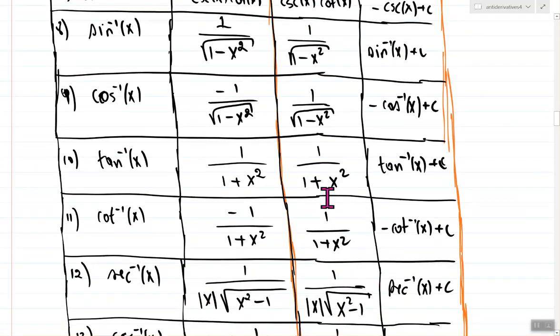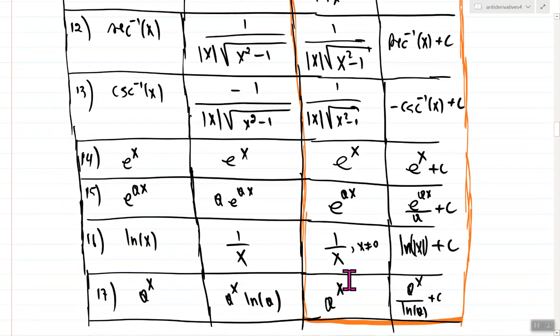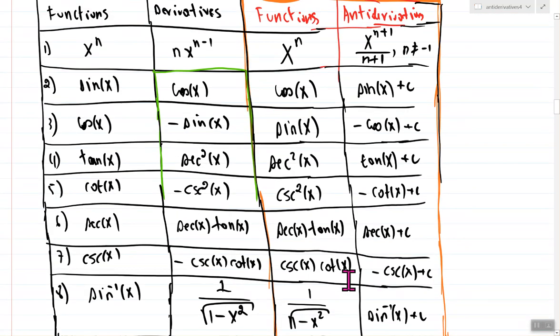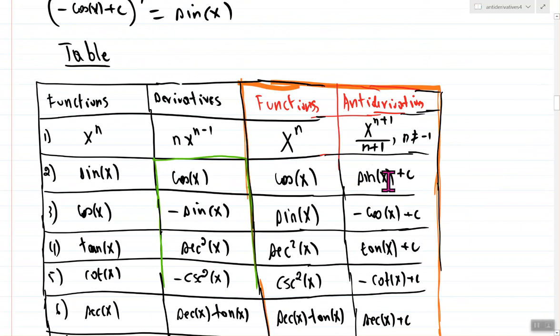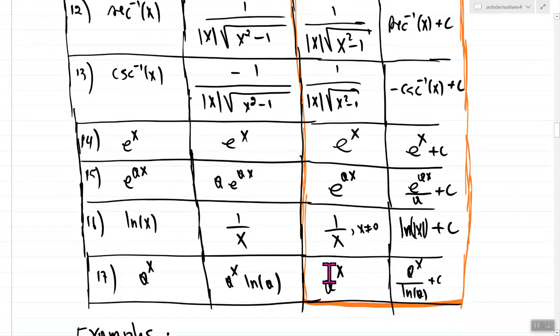You are given all these antiderivatives of these functions. Remember, we are looking at column 3 and column 4 because we're talking about the antiderivative.